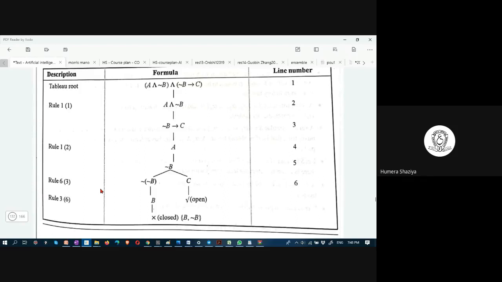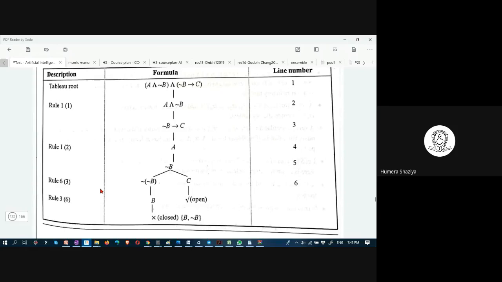Not B implies C indicates that here, when you apply rule 6 on not B, B is obtained, and B and not B cancel. So this path is closed.